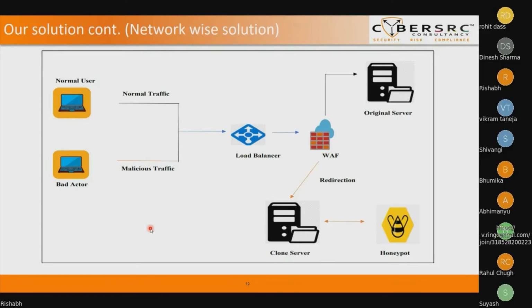Any kind of attacks reaching either your original servers or your honeypot servers, you can study that, and based on that, tweak or revisit your security strategy or the security posture of the organization.